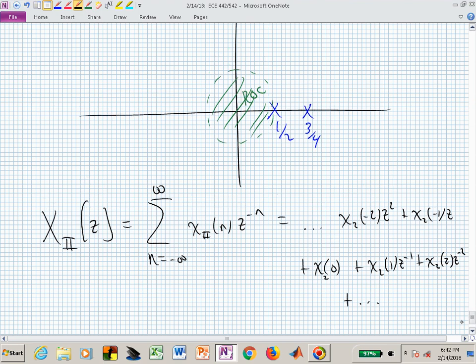What can we tell about that series relative to the region of convergence? Or combining those two, what can we learn?